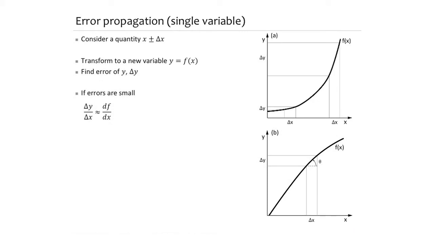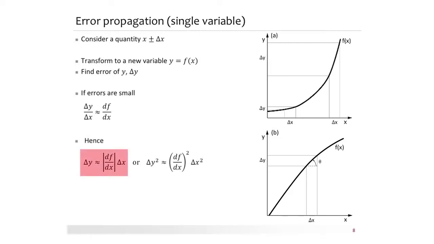So basically, if these errors are small and the function is approximately linear here, we can say that delta y divided by delta x is roughly the derivative of this function at this point, which is very useful, because we can rewrite it this way. We can write that delta y is the absolute value of df by dx times delta x.